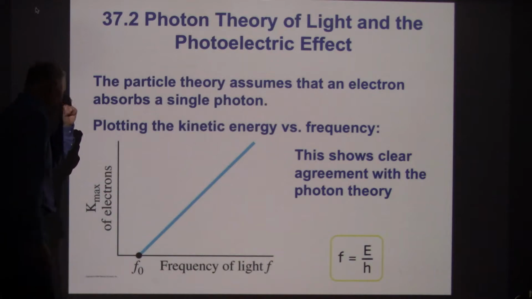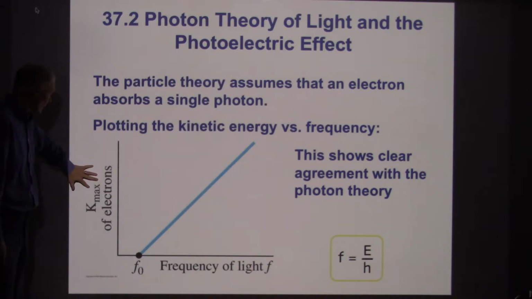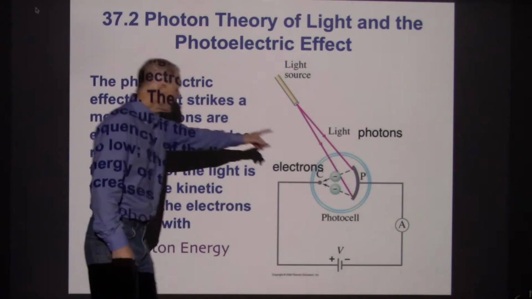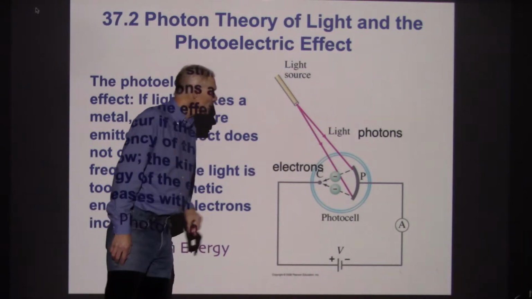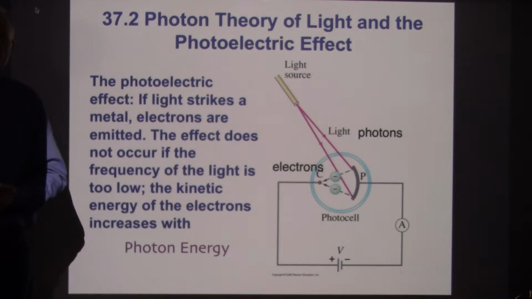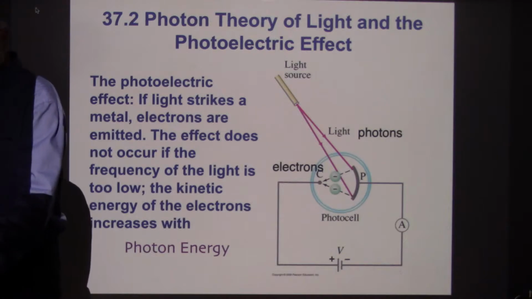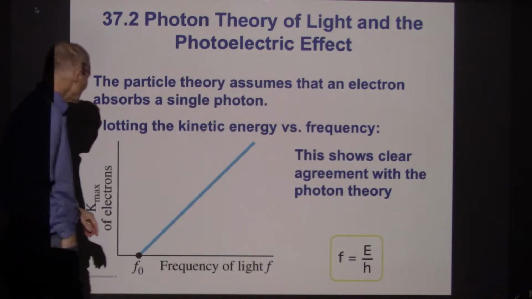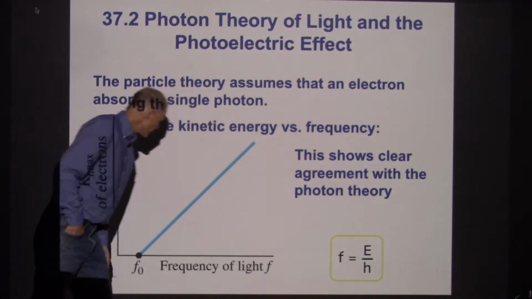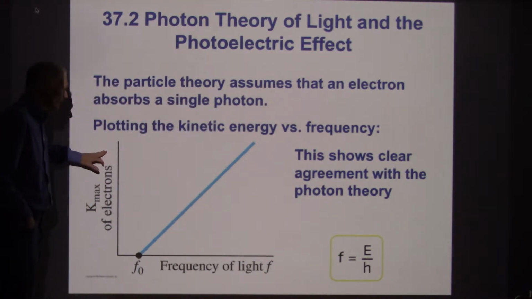Now, when we run these experiments, we can actually measure the kinetic energy of the electrons that are being produced. When these electrons, the little negative particles, come off of that plate, we are able to measure how much kinetic energy they have. And what we find is, as the frequency of the light increases, the kinetic energy of the electrons goes up.